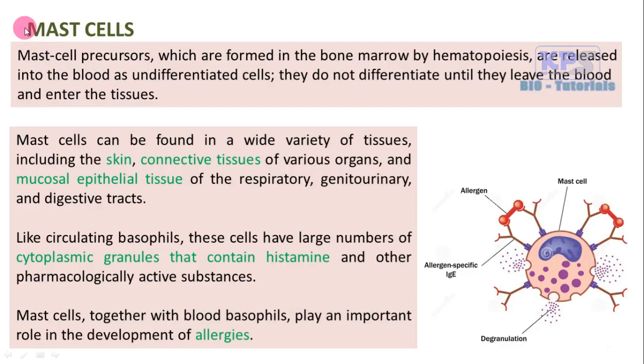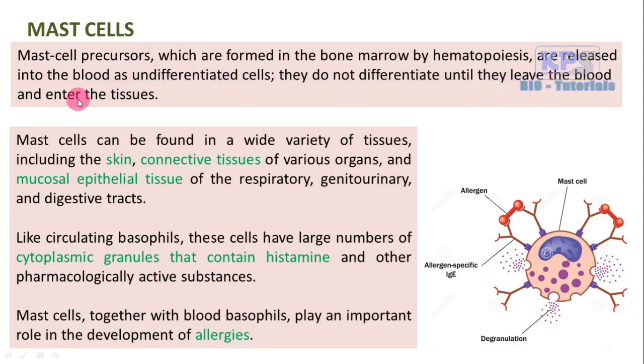The next cell to discuss is mast cells. These are also formed in bone marrow by hematopoiesis, from mast cell precursors, and they are released into the blood as undifferentiated cells. They do not differentiate until they leave the blood and enter the tissues.